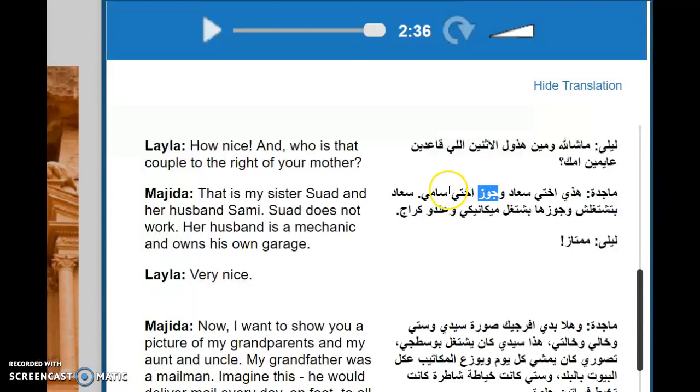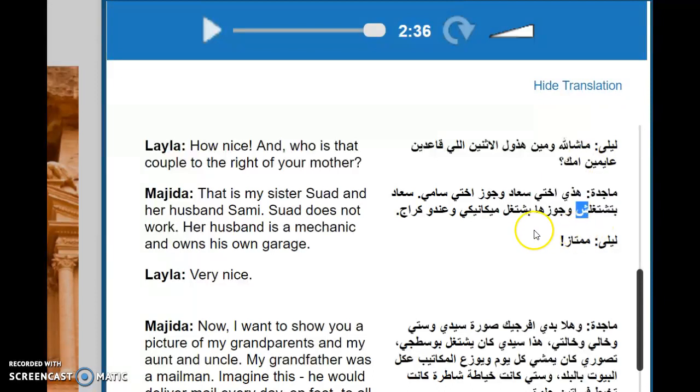But Joz ikhti, Sammy. Su'ad, تشتغلش. You could say, Su'ad ما بتشتغل, she doesn't work. Or you can say, تشتغلش, she doesn't, which uses sheen negator, and it accomplishes the same thing. Or you can do both of them. ما بتشتغلش.